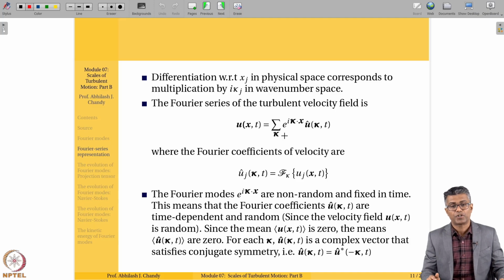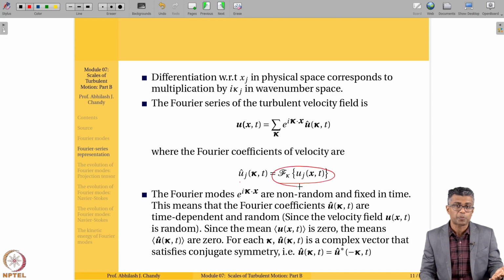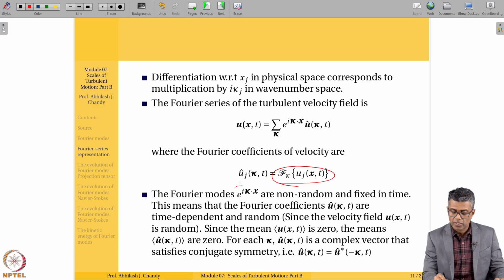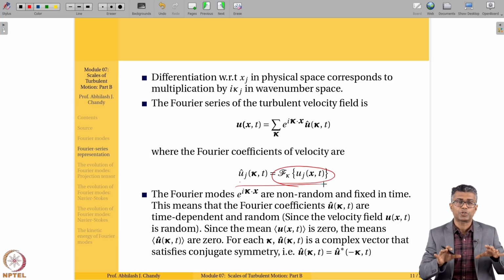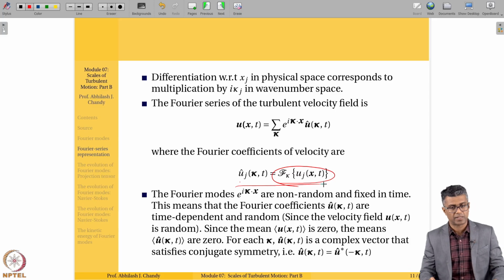And the Fourier coefficients of velocity, u hat j of kappa comma t, is the Fourier transform of the real space variable, the physical space variable. So this is just an expression where it is shown by applying the Fourier transform operator. That's it. So u hat j of kappa is the Fourier transform of uj of x comma t.